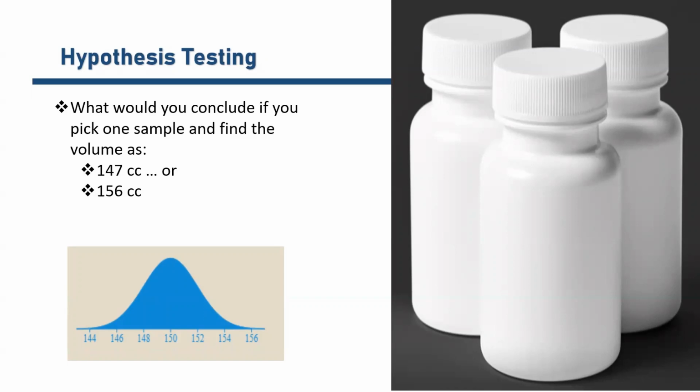You took 5 samples out of the data: 150, 147, 156, 152, 151, and 150. And then based on that, you make a judgment whether the volume has changed or not. Just for basic understanding, we will say we pick one bottle from the production line and check the volume of that, and based on that, we make a judgment whether the volume in the machine has changed or not.